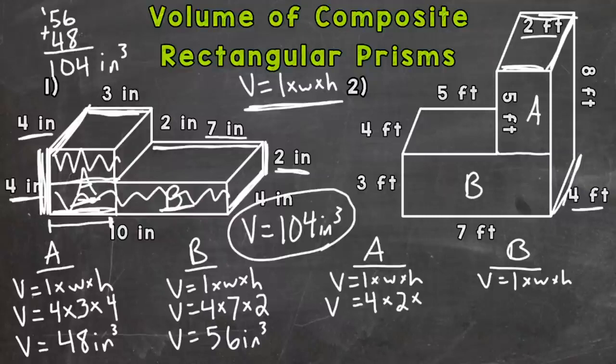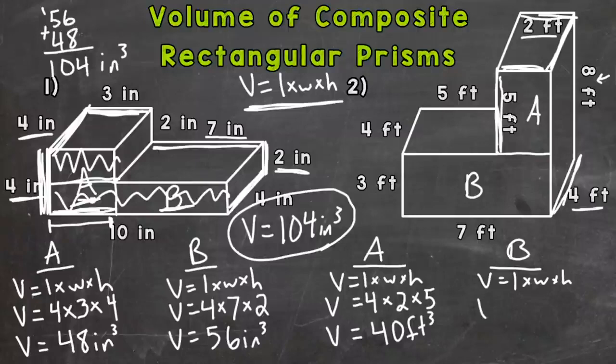And then the height, we don't want to use this 8 over here. We don't want to use that 8 because that's the whole height of A and B. We just want A, which is going to be this 5 feet here. So we get to 4 times 2 is 8 times 5 is 40 cubic feet.